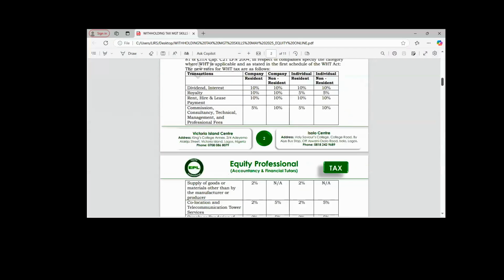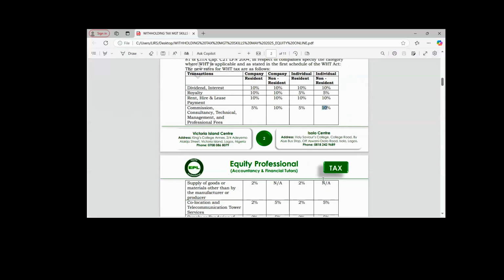Look at it: we have commission, consultancy, technical management, professional fee. Resident company 5%, non-resident company 10%, individual resident 5%, individual non-resident 10%.